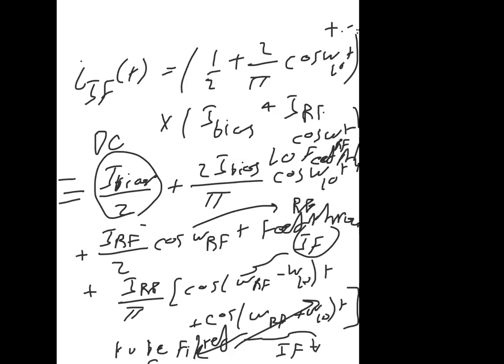Okay, this is what we called all the frequency components which appear at the mixer port, or intermediate frequency port. And I use the current specific because we didn't ask about the gain so far.